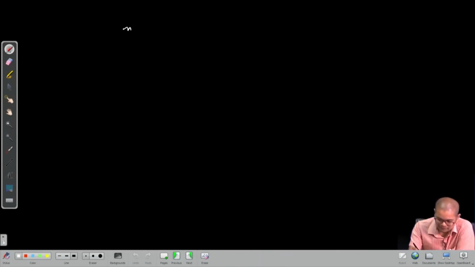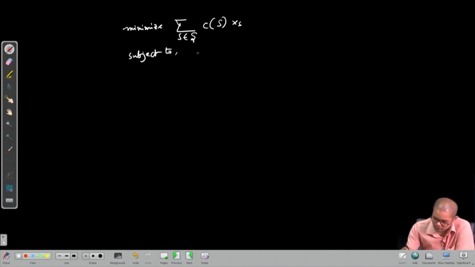Minimize the summation over S in cal S of C(S) x_S, subject to: for every element E, among all sets which contain E, R_E number of them should be picked.